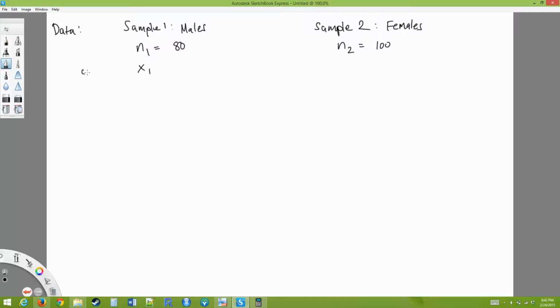X will be our count. Let's say out of 80 males, 10 are left-handed. And for the females, how many left-handed females out of 100 do we have? We'll say 16 are left-handed.